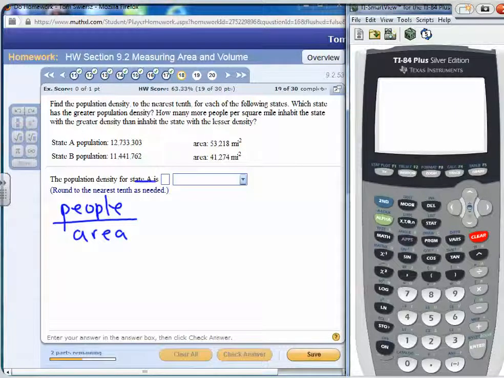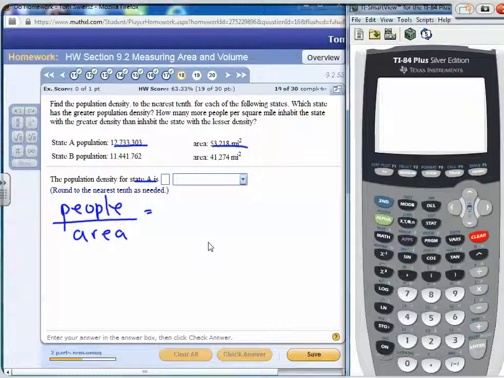We're going to take one at a time. For state A, the population, the people, is 12,733,303, divided by the area, and that will give us the amount of people per square mile, rounded to the nearest tenth.